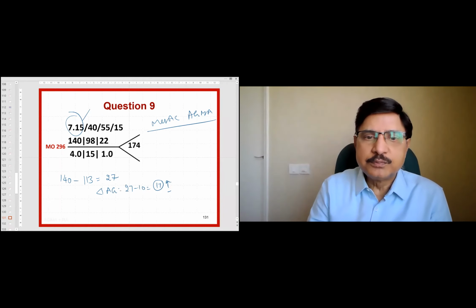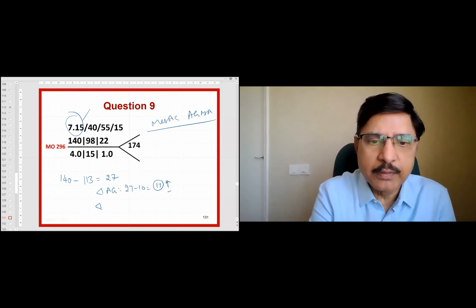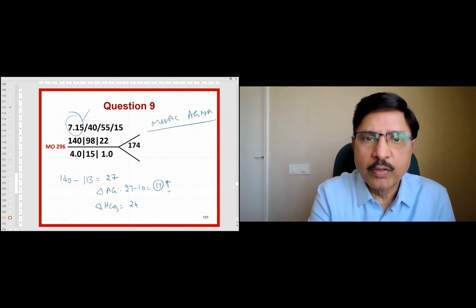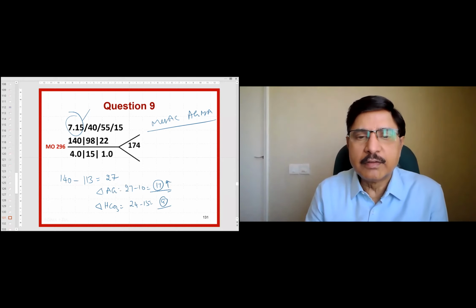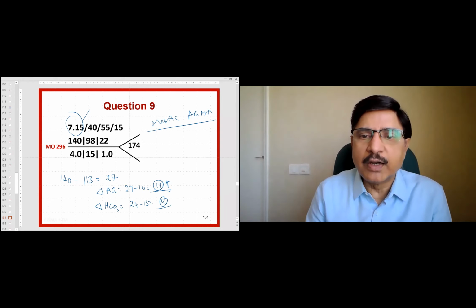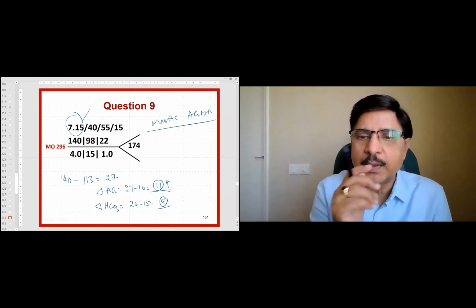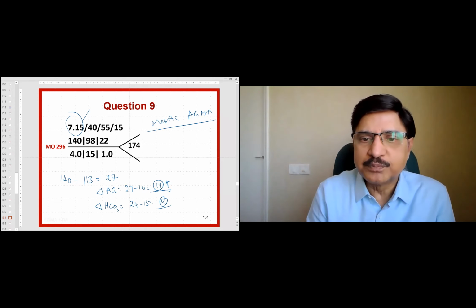What is the delta bicarbonate? 24 minus 16 is 9. But this is 17, this is 9. So 17 and 9, the AG is more than the bicarbonate.